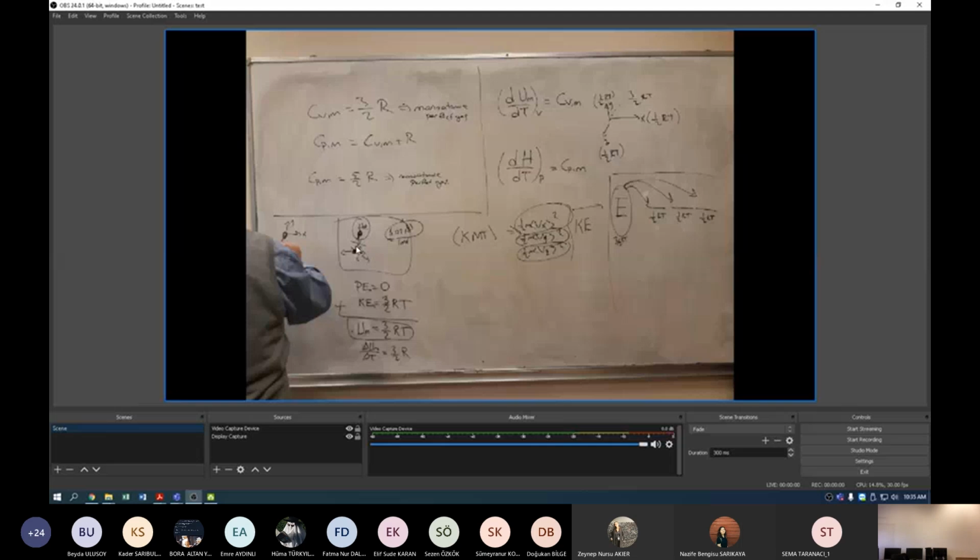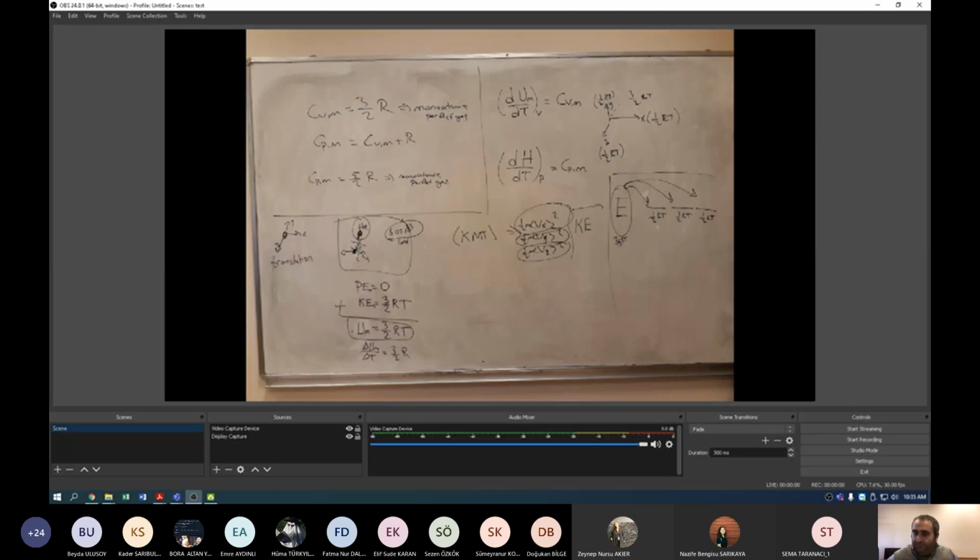I think I showed you Gauss view last time to show what a translation is, and what a rotation and a vibration are. Did I show you?